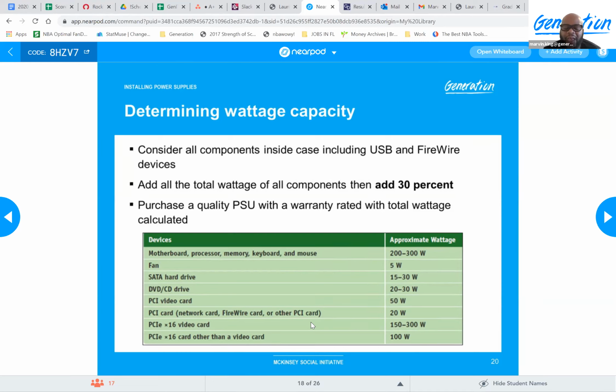So if you have a standard ATX power supply that you're looking to purchase, that motherboard and its components is at least 300. Let's say you're going to game on it, so you have to think about having at least 150 to 300 with each, and if you add another card, that's another 100. So we're already at 700, and we haven't even talked about hard drives or FireWire networking cards.